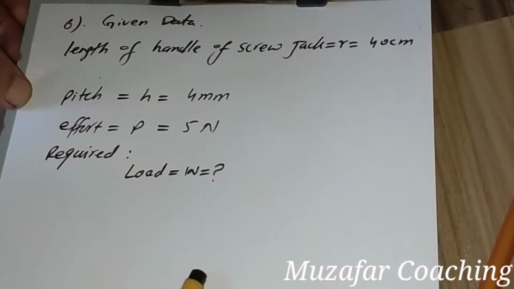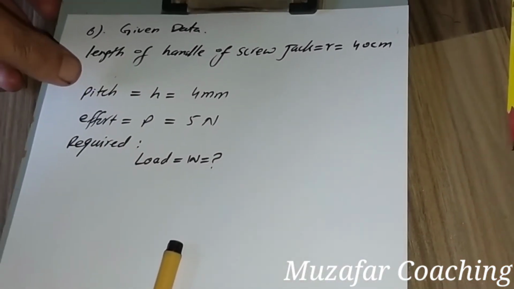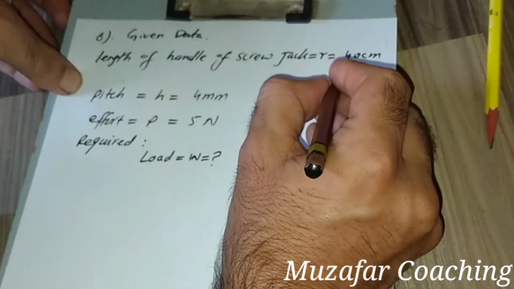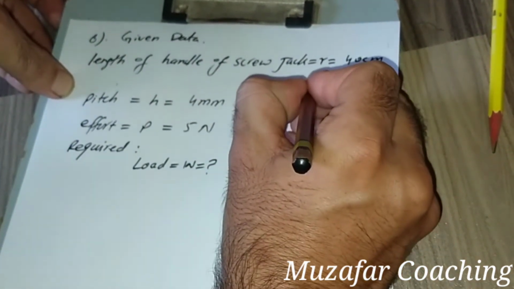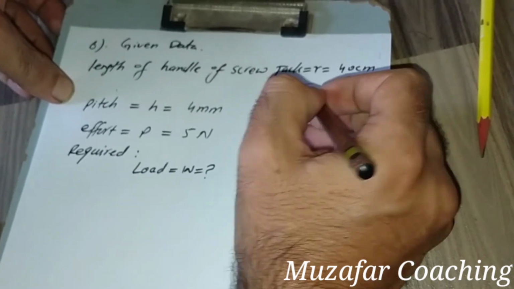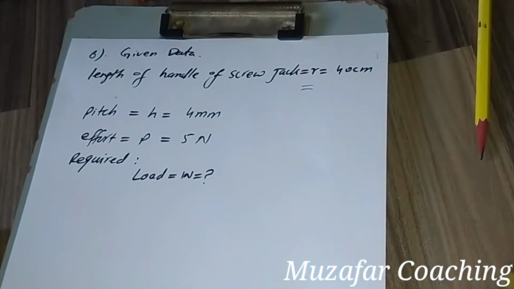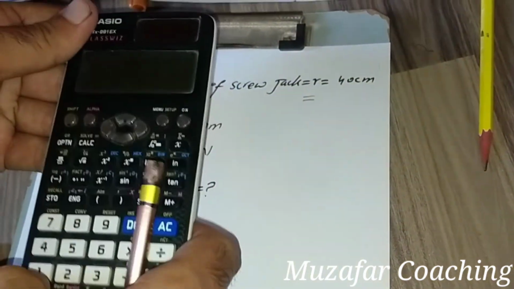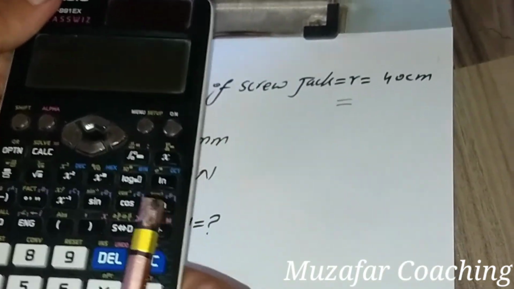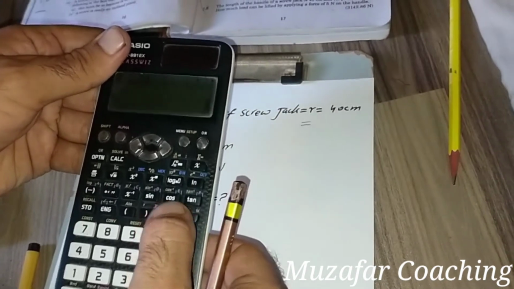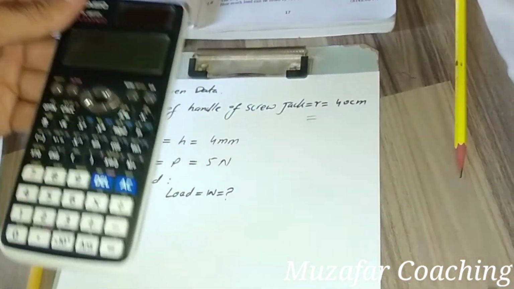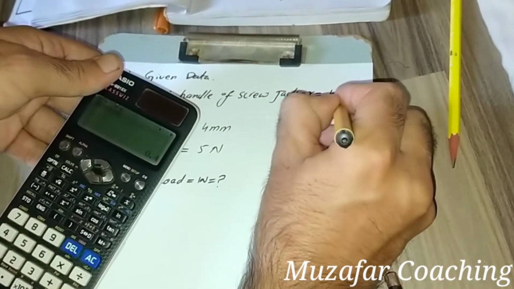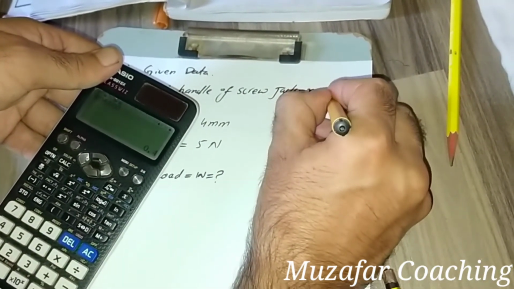As per the required rule of numericals, first of all we will be converting these into SI units, as I already did before for you. 40 is in centimeter, so when we convert it into meter, it will be 0.4 meter. Why are we converting?